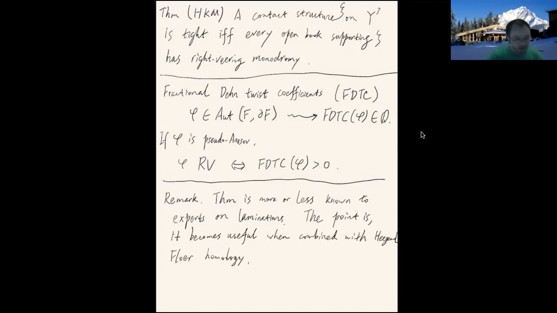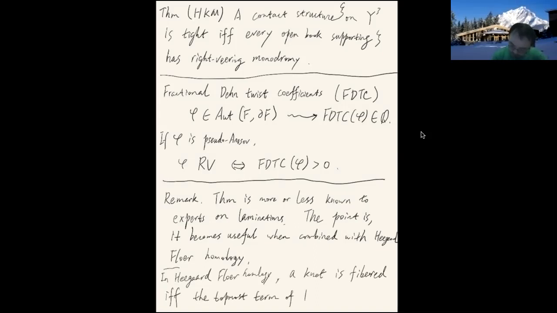The point is, in Heegaard Floer homology, a knot is fibered if and only if the topmost term of HFK has rank 1.